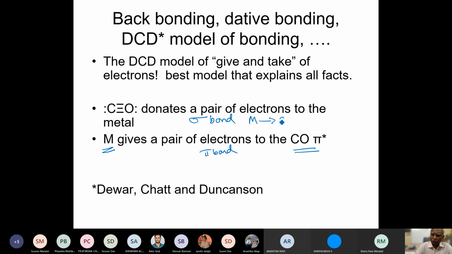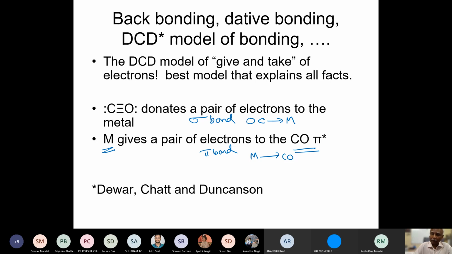The sigma bond is from CO to metal, and the pi bond is from metal to CO. So these two are acting in opposite directions.